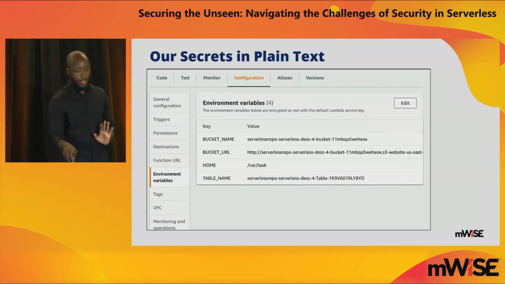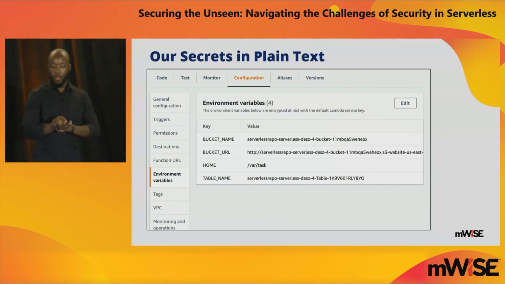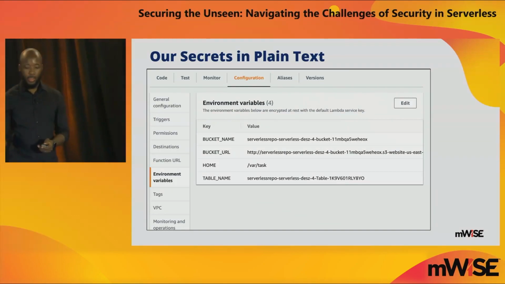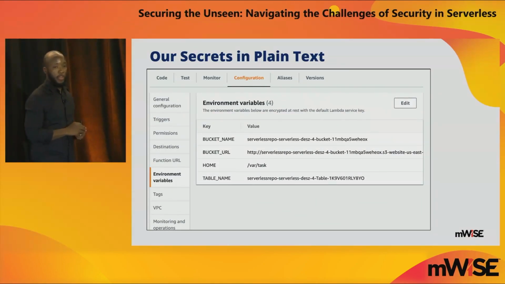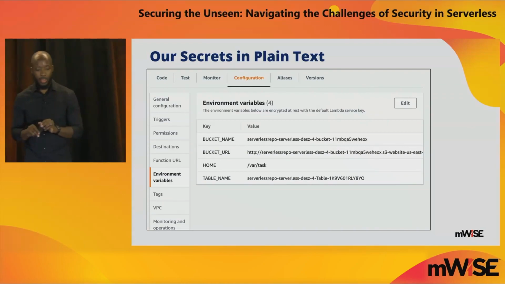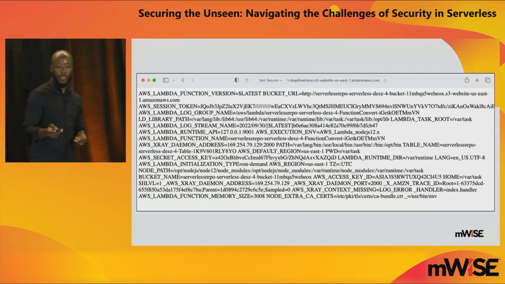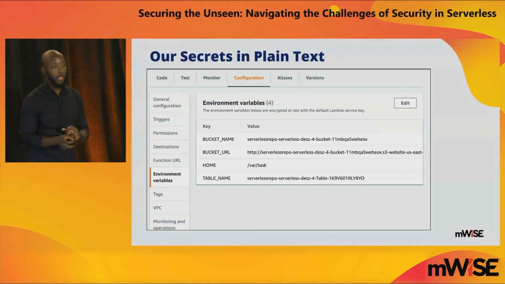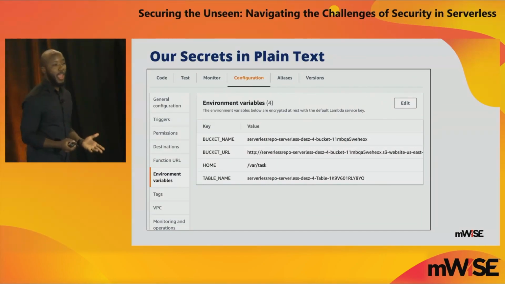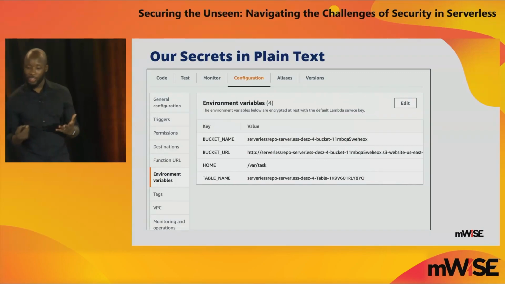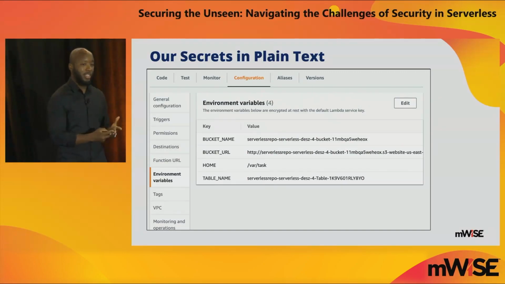You essentially, in the backend, have your environment variables stored in plain text in the configuration within AWS here. And that's why we're able to see all that stuff here, because you've stored it in plain text. You'd be surprised how many companies are doing this, how many developers or engineers are doing this.